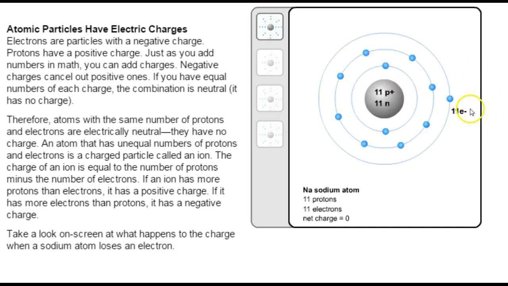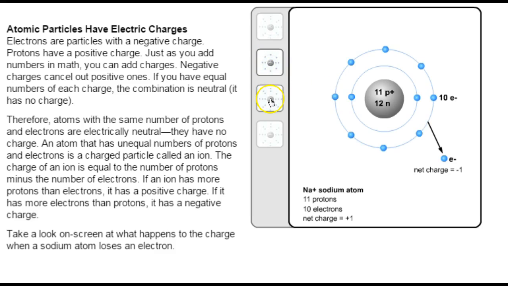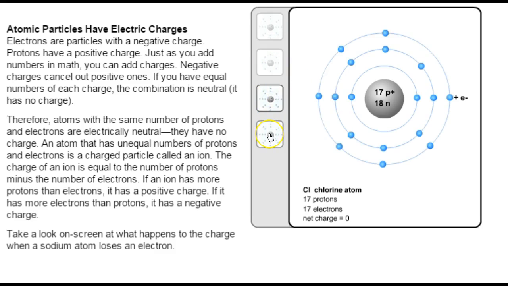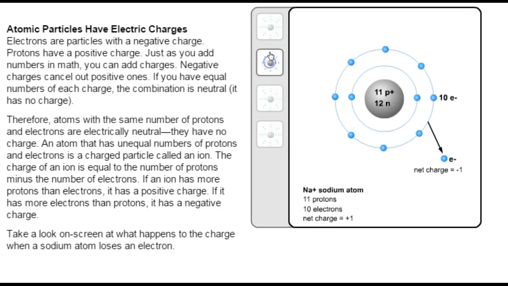If it has more electrons than it has protons, then it is negatively charged. You can see what happens to the charge when a sodium atom loses an electron. You can look right here at these numbers and see how it's changing.